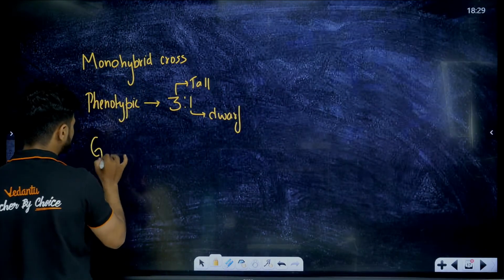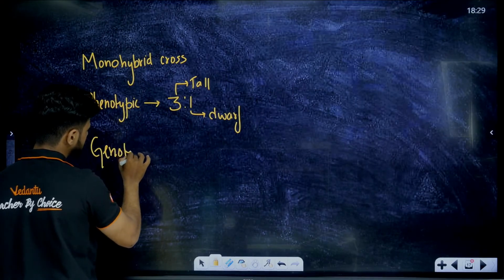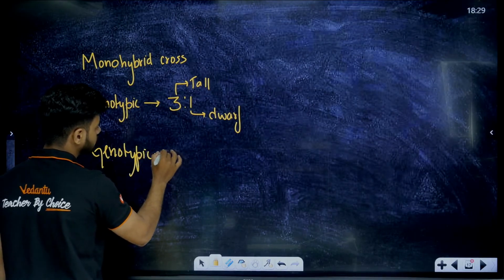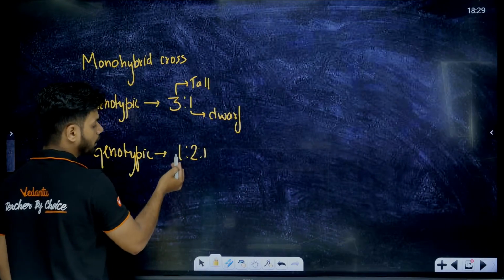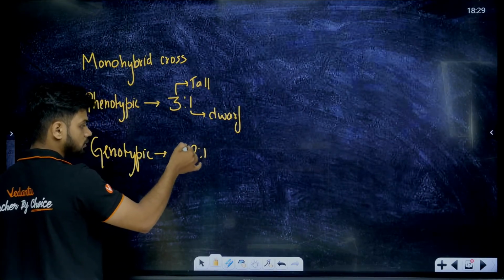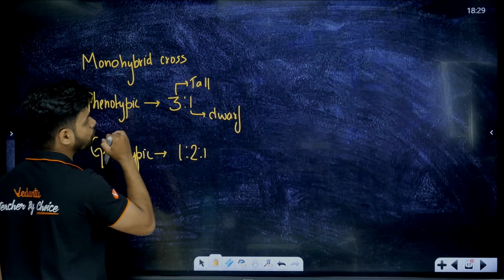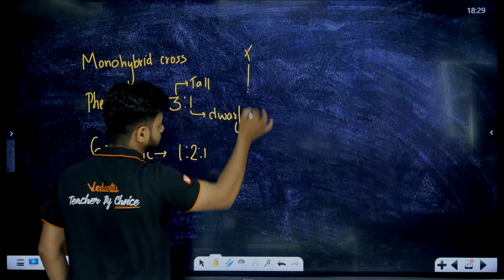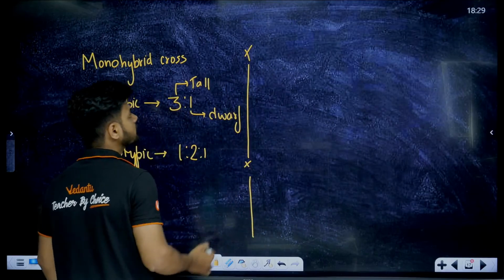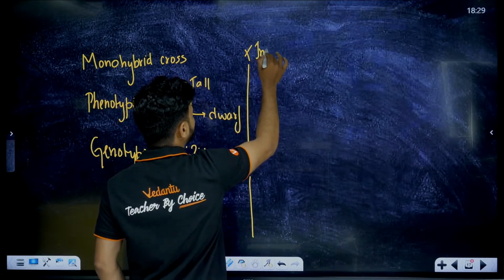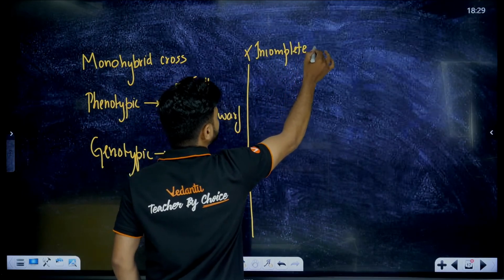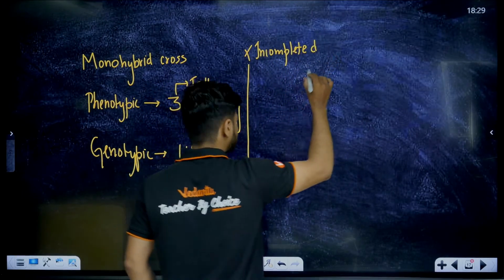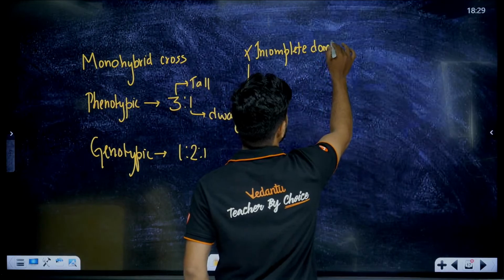What about genotypic ratio? Genotypic ratio is going to be 1:2:1. 1 tall, 2 tall, and 1 dwarf. Clear? Then you have something called incomplete dominance.